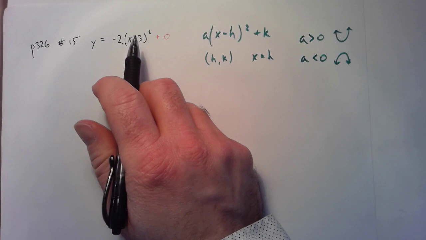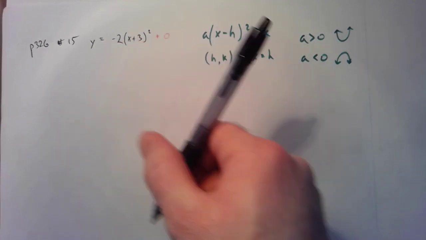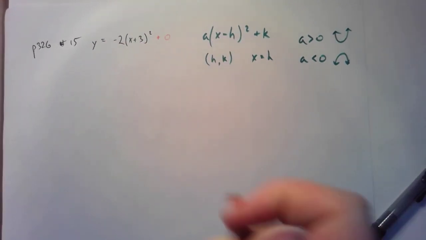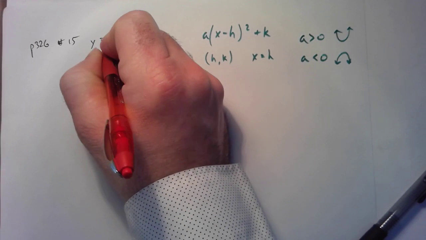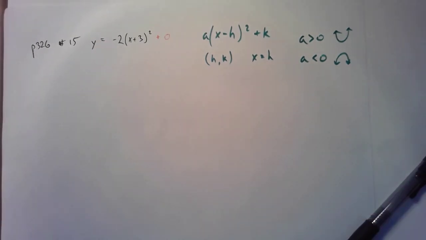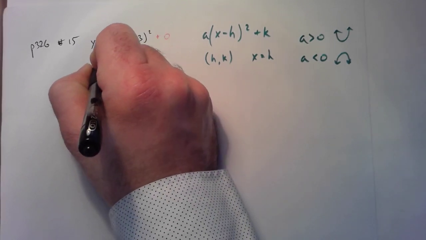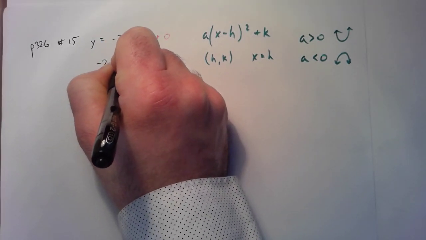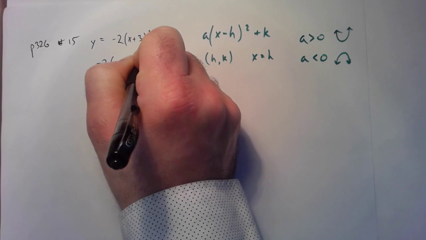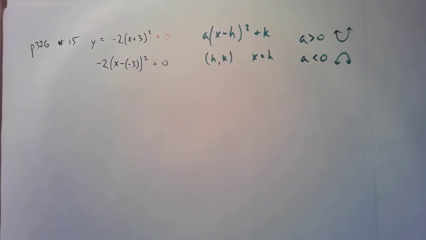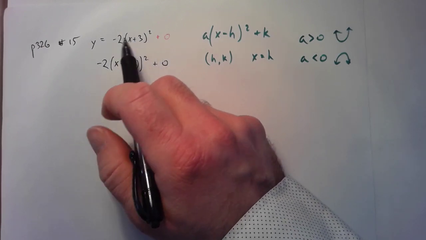So if that says x plus 3, that's x minus -3. So I suppose if we're being really picky, this would be the real vertex form, -2 of x minus -3 squared plus 0.